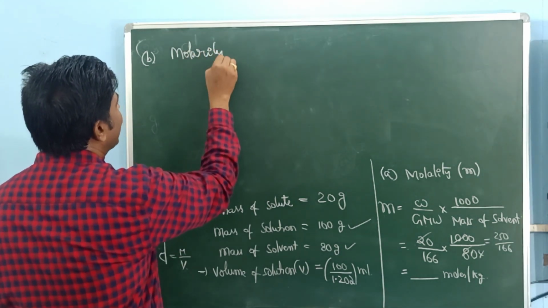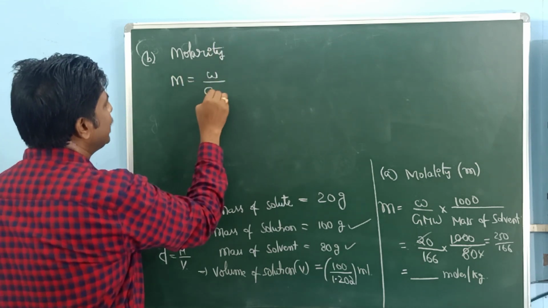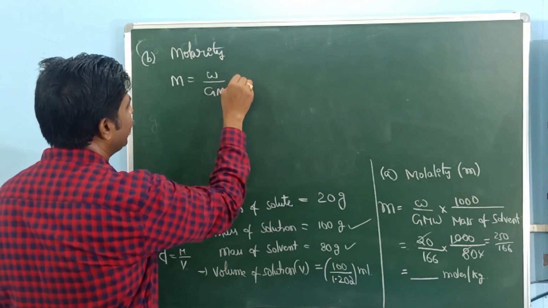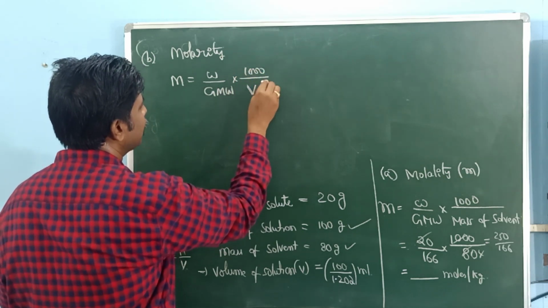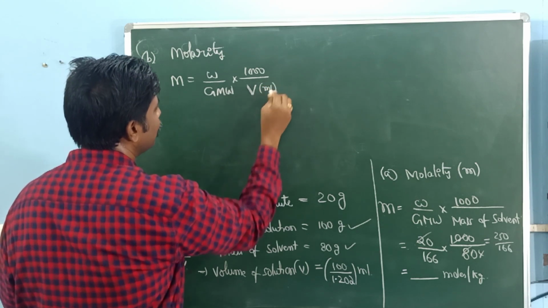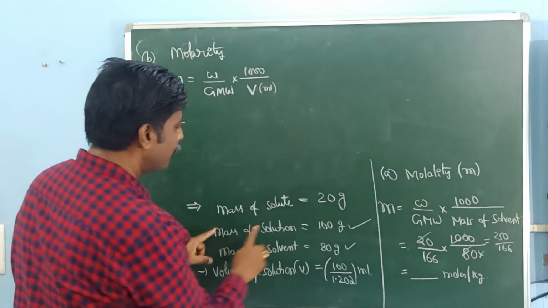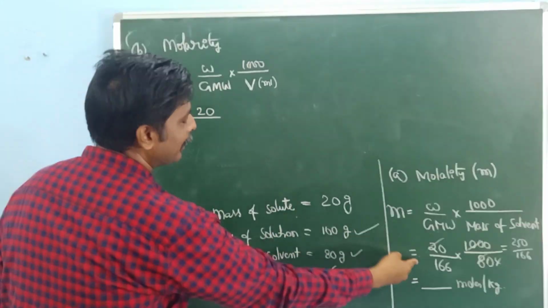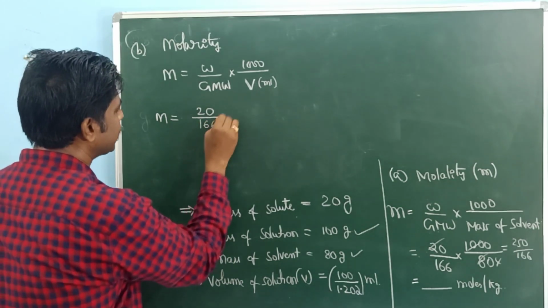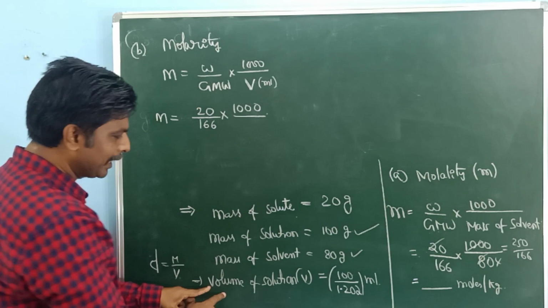Next, B, you will calculate molarity, capital M. The formula is W by GMW, weight by gram molecular weight, into 1000 by volume of solution in ml. So molarity is equal to mass of solute 20 by gram molecular weight of solute 166, into 1000 by the volume already calculated.